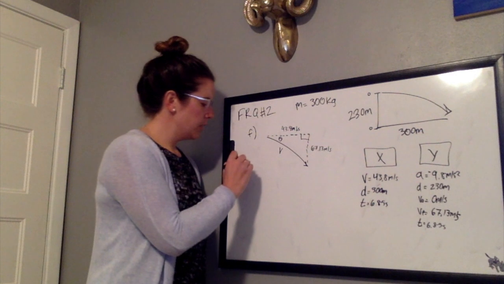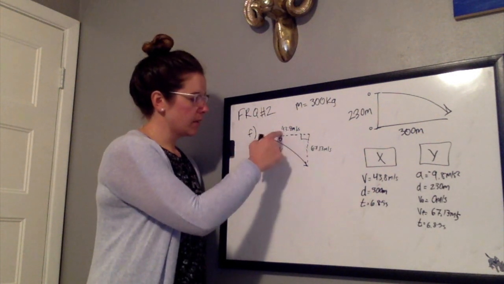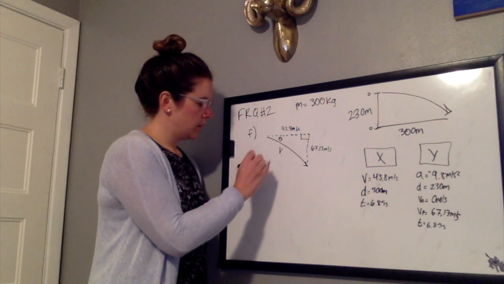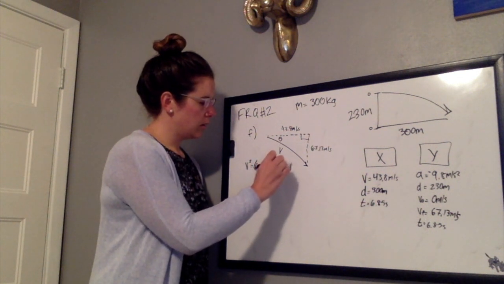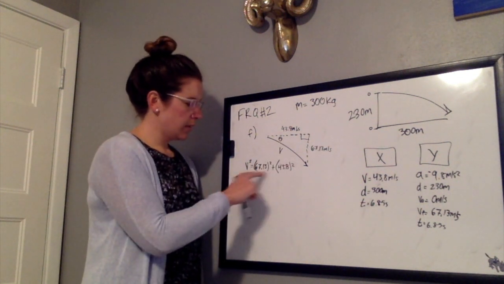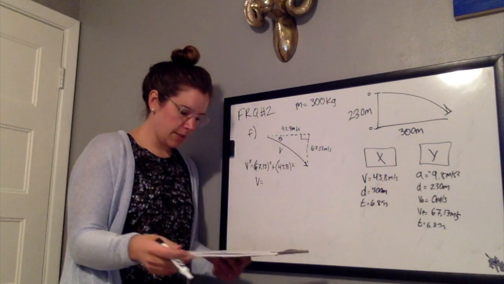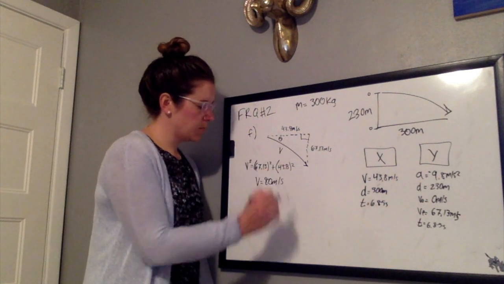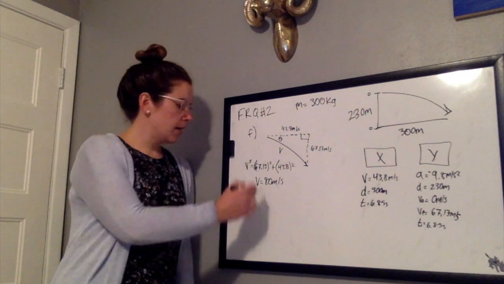So we know Pythagorean said velocity squared is equal to one side squared plus the other side squared. So we have 67. Square this, add it to the square of this, take the square root of the whole thing, and you get the final velocity to be roughly 80 meters per second. We're not done yet because we need to find the angle that it is at.